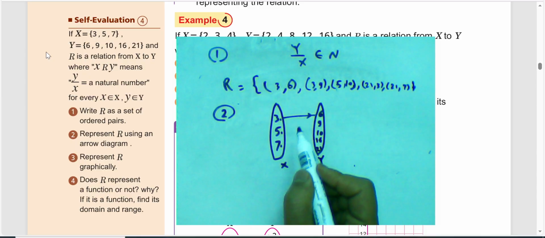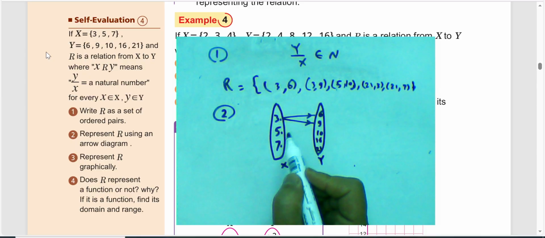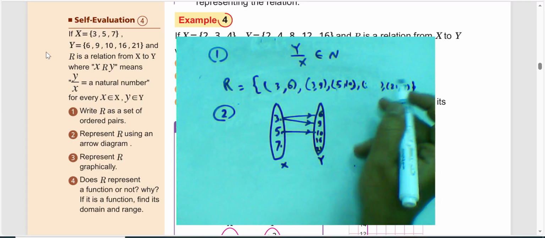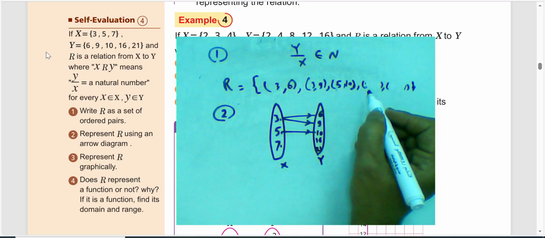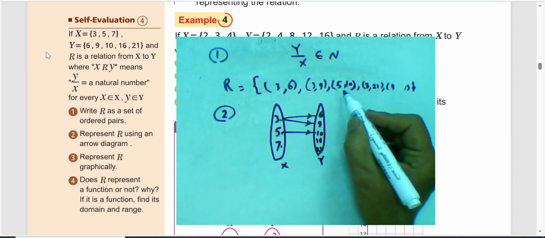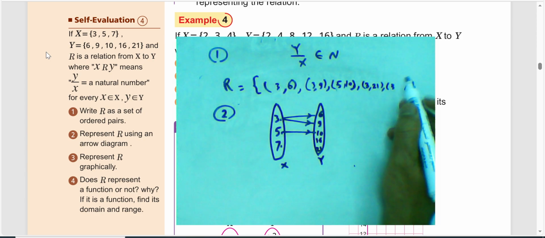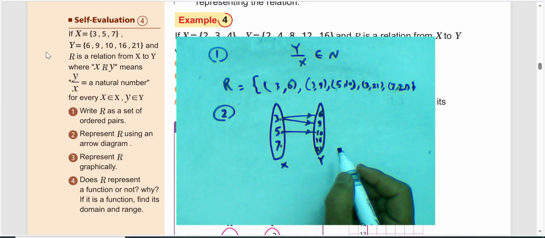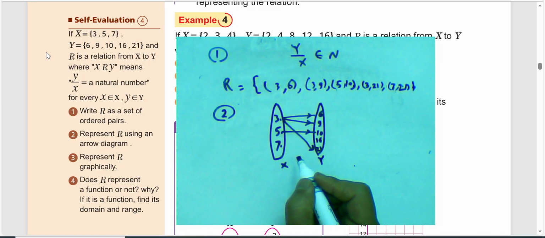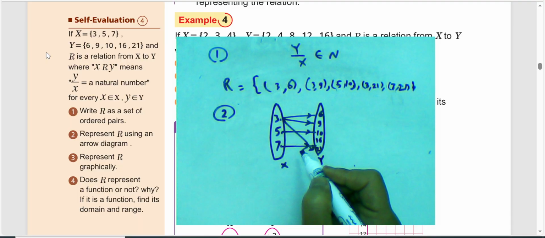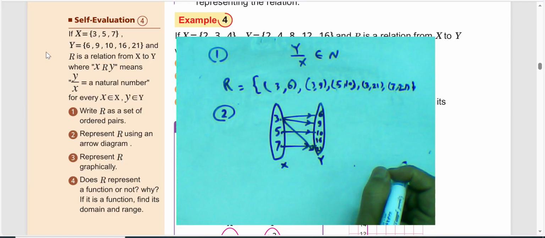The image of 3 was 6, 3 was 9, 5 was 10, 3 was 21, and 7 also was 21. Okay, 3 was 21, 5 was 10, 7 was 21.